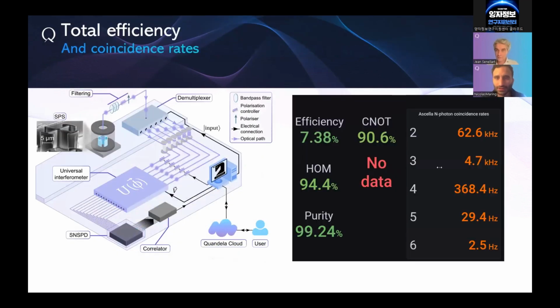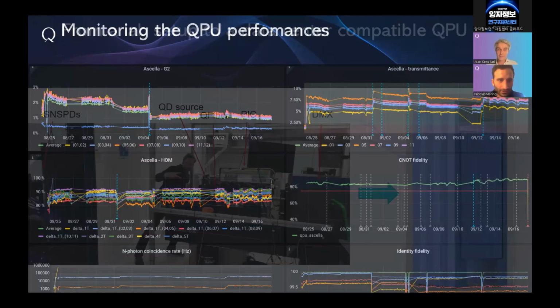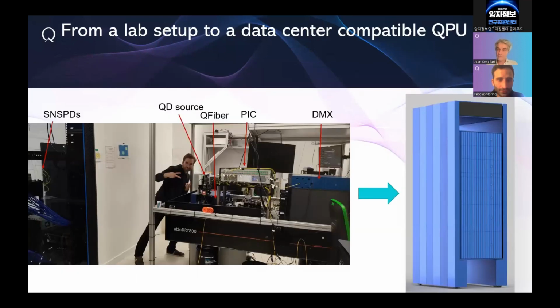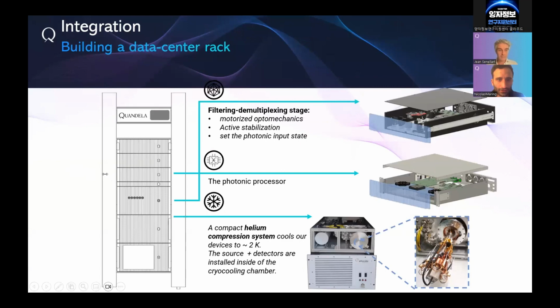Comparison between the temperature at which we are operating the single photon source and the detectors. 4 Kelvin is really not that cold compared to other technologies like superconducting qubits.